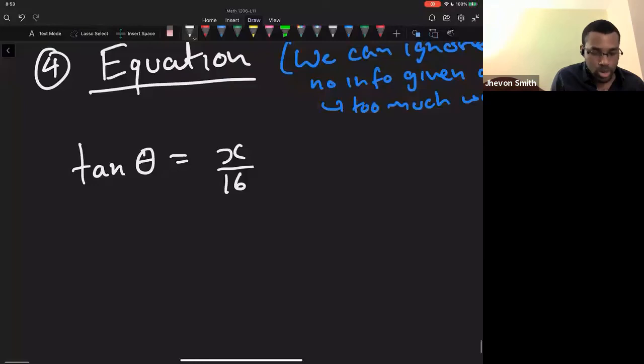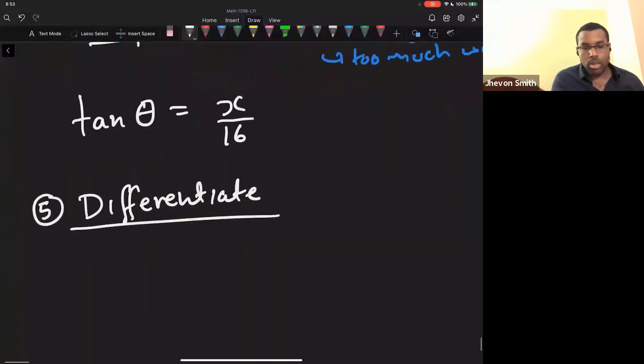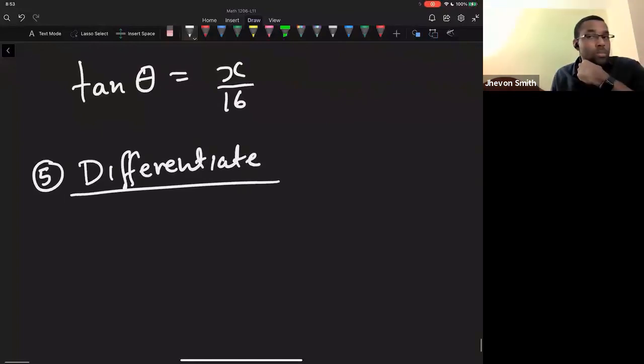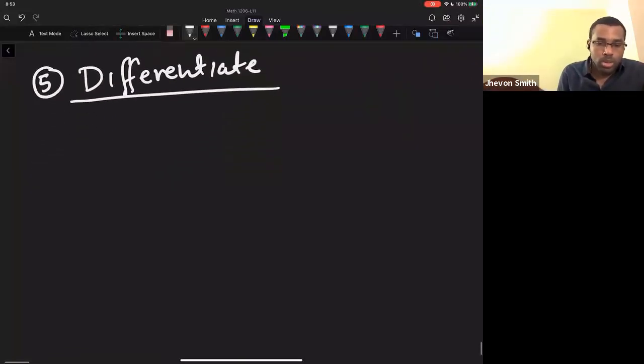So now we go down here. We're going to differentiate. Anyone remember the derivative of tangent? The derivative of tangent is secant squared.